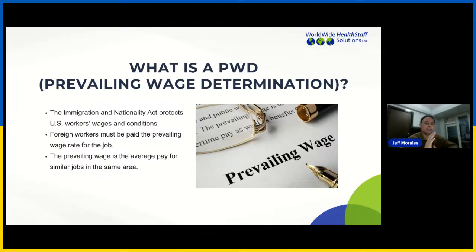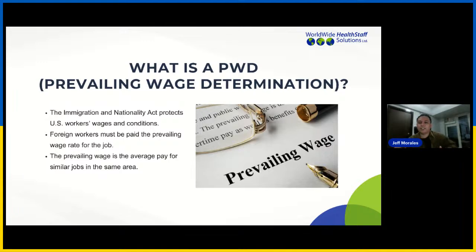To comply with this law, U.S. Department of Labor regulations require that the wages being offered to a foreign worker must be the prevailing wage rate for that particular job opening, specific to the area of employment, whichever state or county you are assigned to.